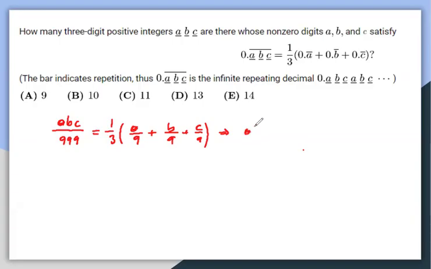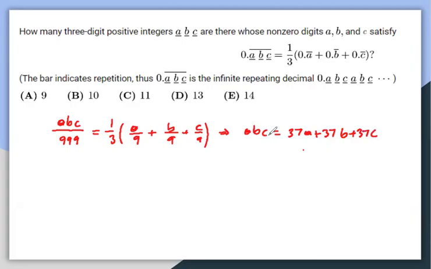That will give us ABC. And if I multiply 1 over 3 by 999, 3 and 9 will cancel; or you can just say 111 divided by 3, which is 37. So we are going to end up getting 37 times those digits. That should be 37A plus 37B and 37C.